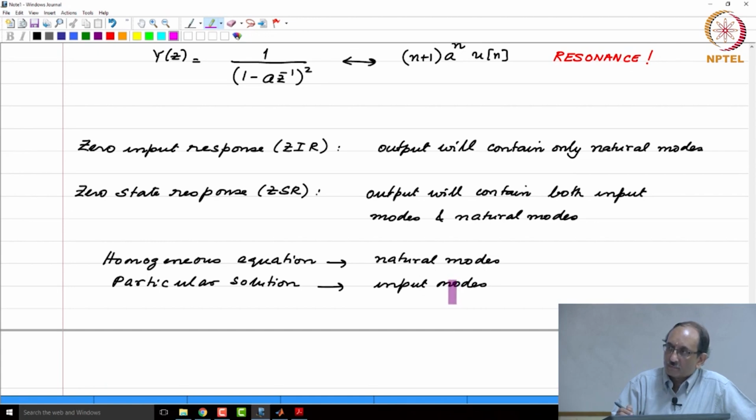That is all. So, the natural modes, the way we look at the output given the system viewpoint, get split into 0 input response as well as 0 state response, and the 0 state response output containing the input modes will correspond to the particular solution.